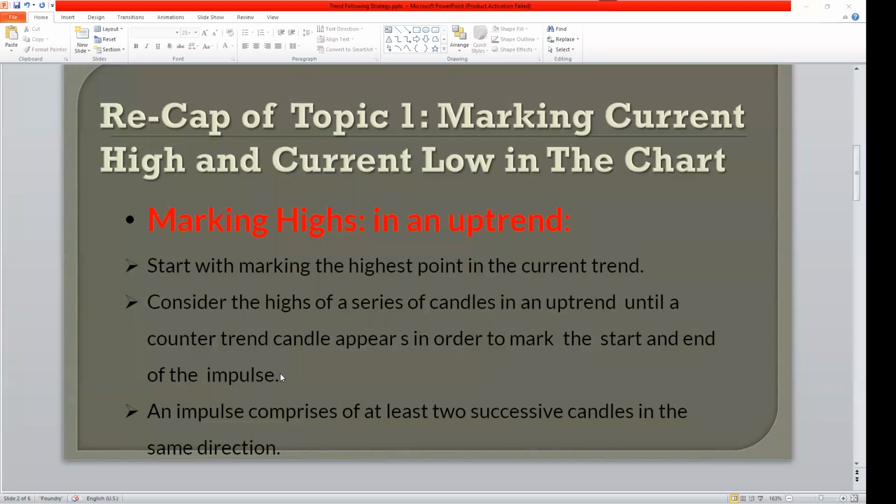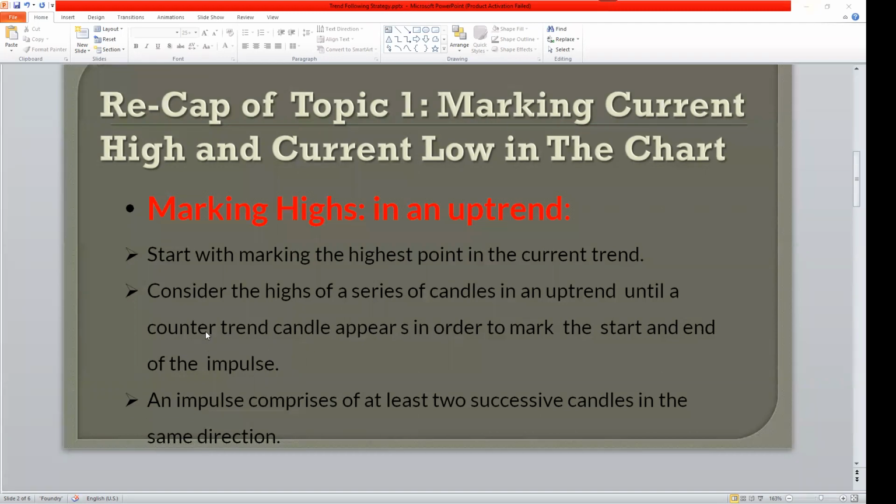Because an impasse must have the low, which marks the current low, and the high, which marks the current high. So how do you do that? Here you move down. We will do it practically. I'm just recapping because these are things that we had mentioned. When we go there, I will revisit this as I show you exactly what I meant.